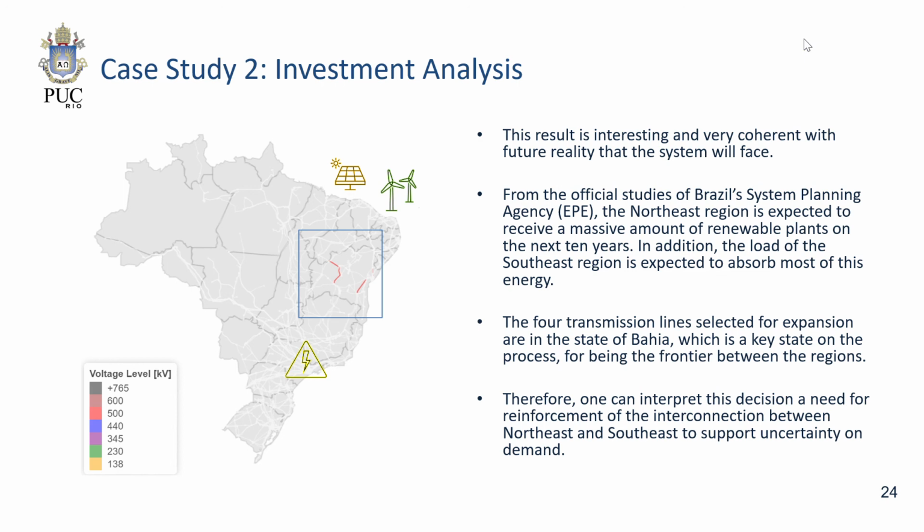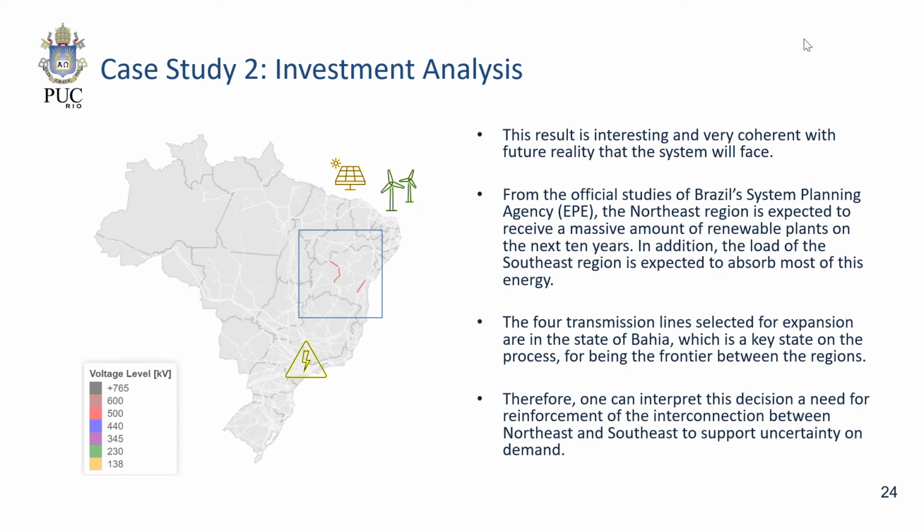it shows us that all of that energy that's coming from the northeast has to have ways of flowing from the northeast to the southeast. And the interesting thing about Bahia is that Bahia is the frontier between the northeast and the southeast.